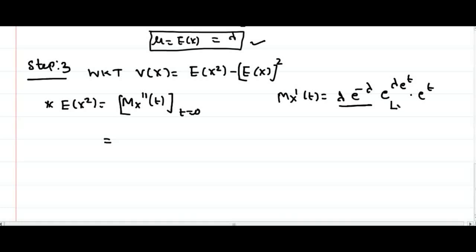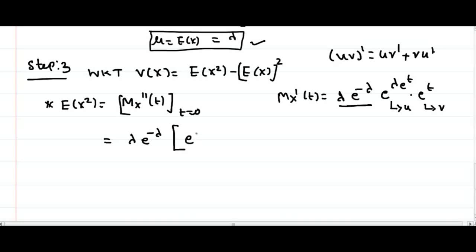Consider this as u and this as v. The product rule: (uv) dash is u into v dash plus v into u dash. So lambda e power minus lambda into, first we consider u as it is.